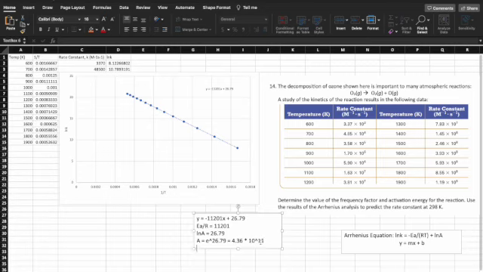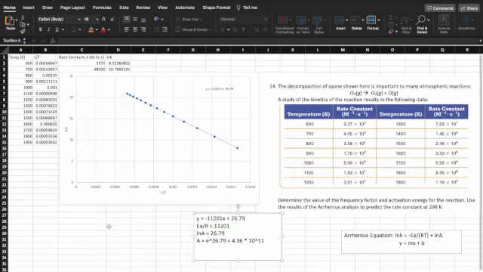The next thing we want to find out is the activation energy for the reaction. Notice carefully, we have EA over R is equal to 11201.